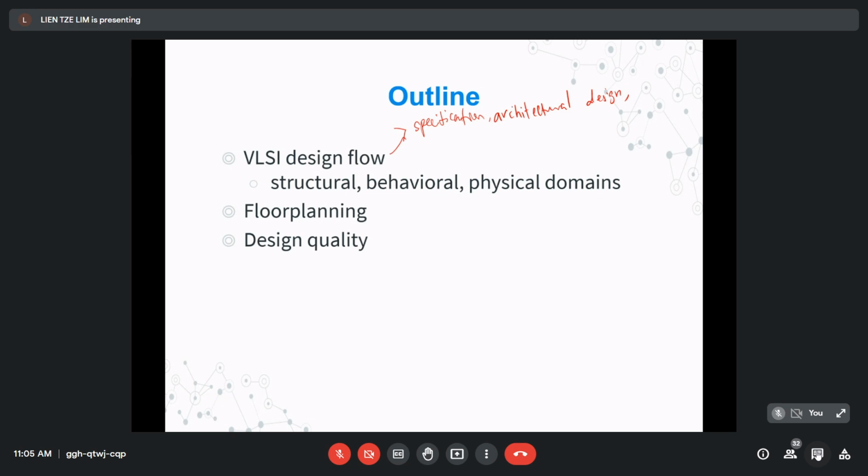I cannot remember all, but I just state what I remember here: architectural design, circuit design. Before circuit design, there is also register level design, and then logic design, physical design.